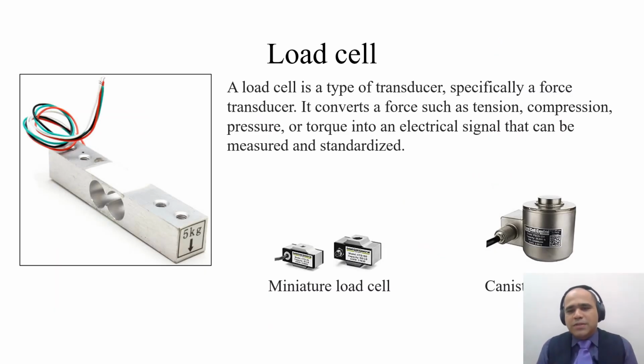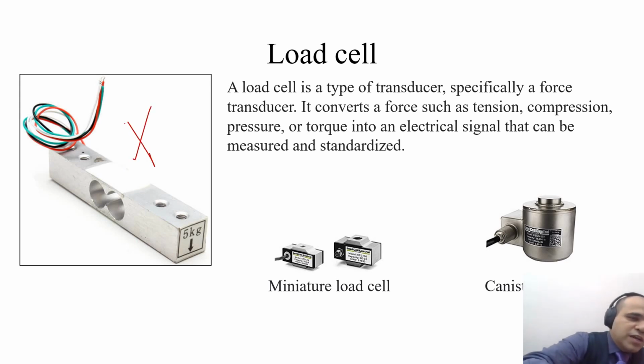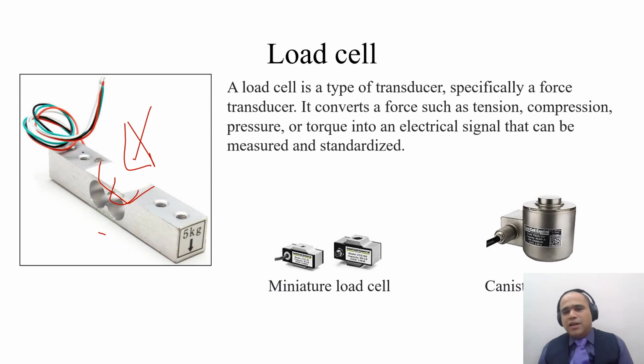So a load cell is basically a combination of multiple elements, typically a bridge kind of structure, and when it is forced from one side, this side bends, and because of this bending, the resistance changes, and the equilibrium of the bridge is disturbed, which allows us to measure the load depending upon the bending.